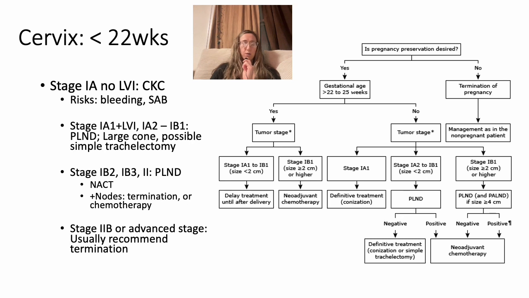But then they also state that if patients do not desire termination of pregnancy, that chemotherapy could be considered. And then for stage 1B3, the only pregnancy-preserving option is neoadjuvant chemotherapy. And then stage 2B or above usually recommend termination.